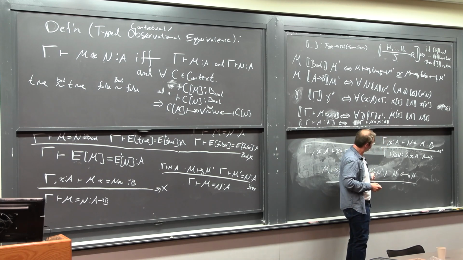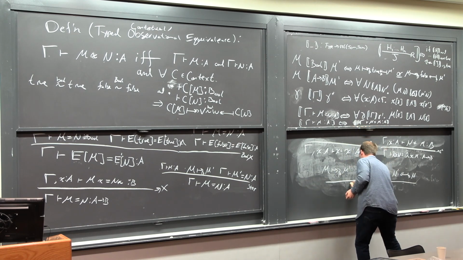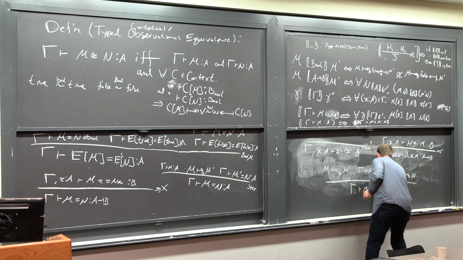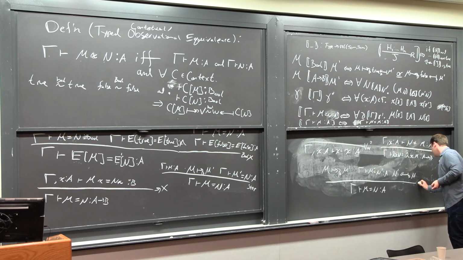If I know that M prime is equal to N prime, and I can expand both sides to something else, then it must have been that M was originally equal to N all along at that type. And I'll call this expand.